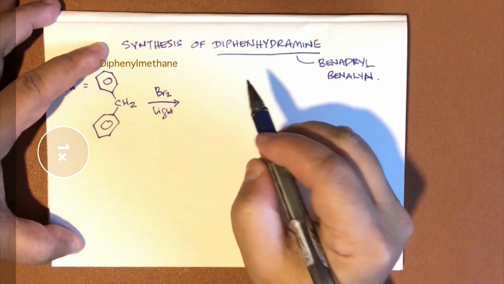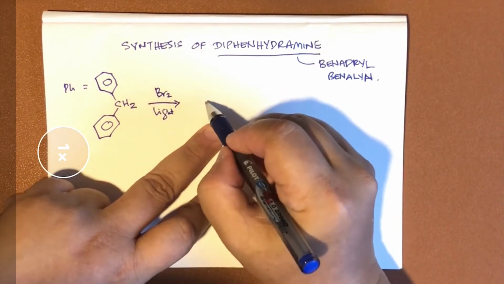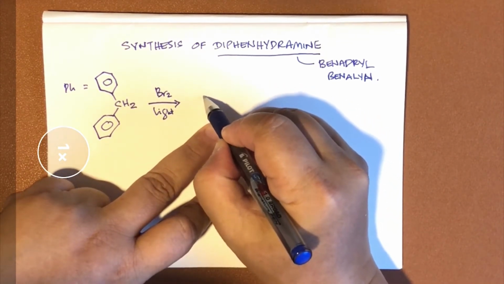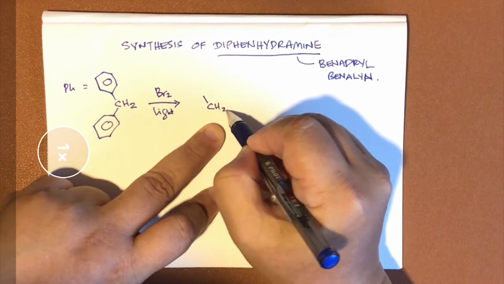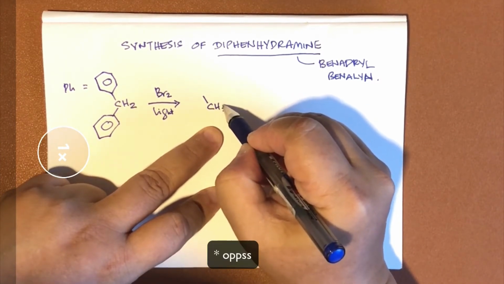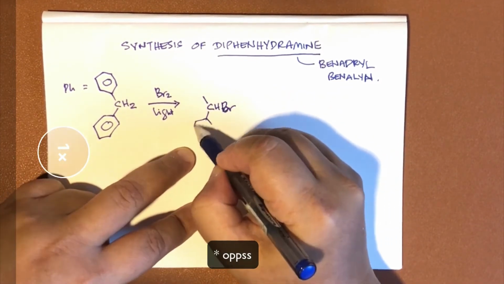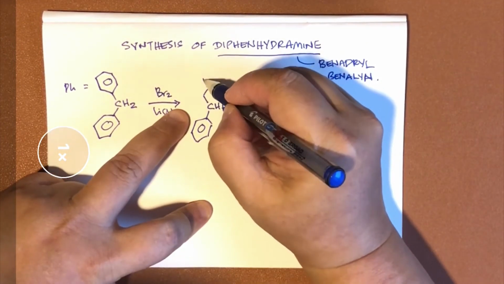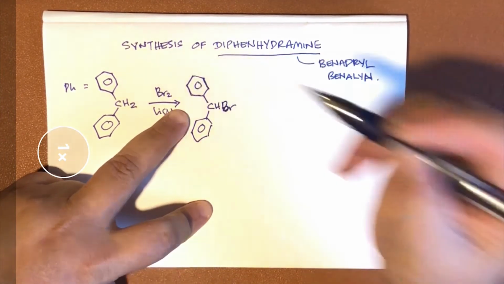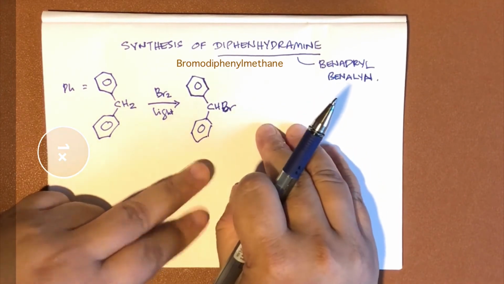It's a free radical reaction, and what happens is that rather than CH2, it becomes CHBr. Okay. So once you have this, it makes things much easier.